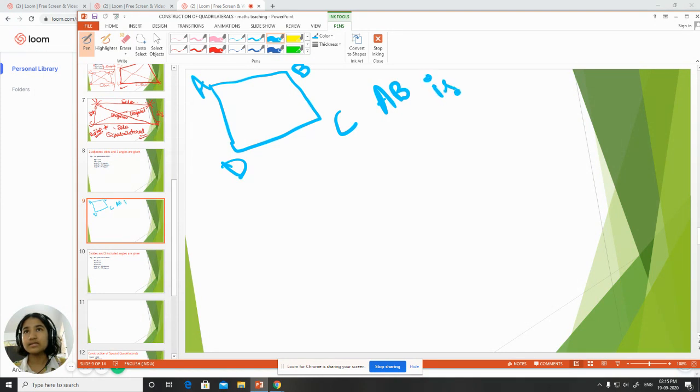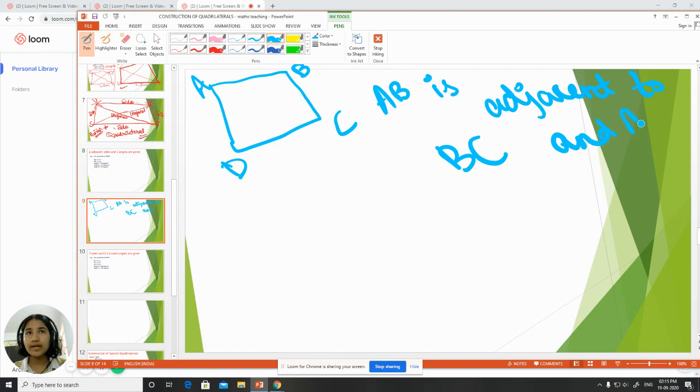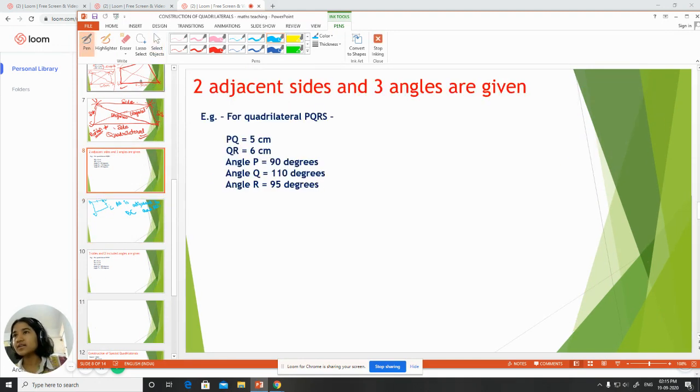AB is adjacent to BC and AD. That means they have a common vertex. Like these two sides, they have the common vertex B. So they are said to be adjacent sides, right? This is clear. So let's now start with our construction.